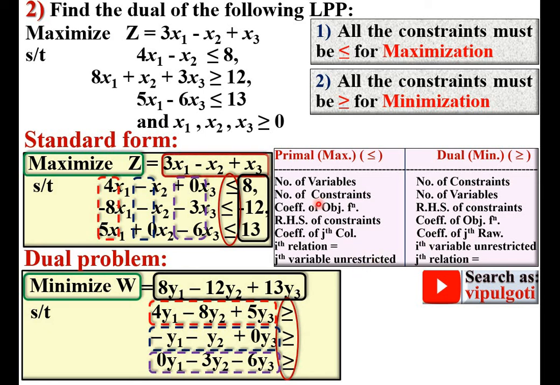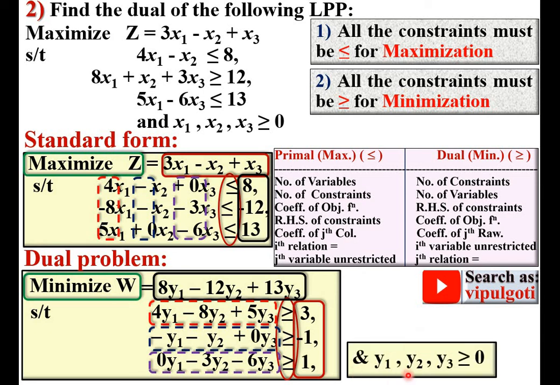Next, the coefficients of the objective function in the primal problem must be the right hand side of the constraints in the dual problem. So 3, minus 1, 1. And at last, non-negativity restrictions: y1, y2 and y3 must be greater than or equal to 0. So it is very simple.